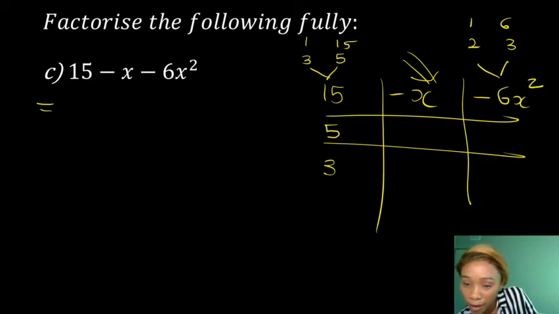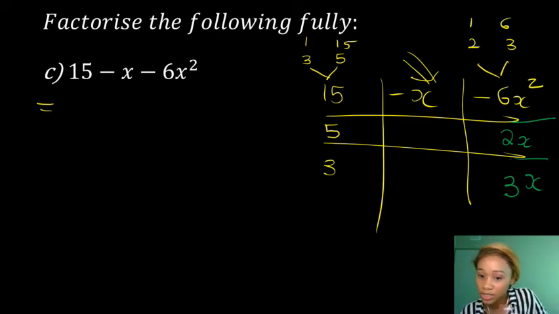So I'm just going to deliberately say, what if I had a 2 and a 3 here? I want to show you, and then an x and an x here, right? I'm going to deliberately do it wrong so that you can see that once you see that you can't actually get what you're looking for, always swap the order of how you've written the terms and then try it again.